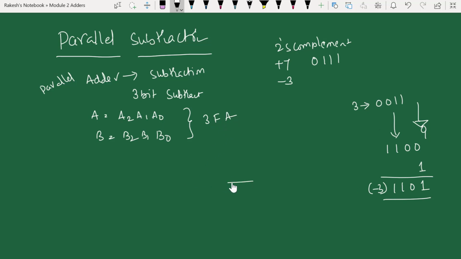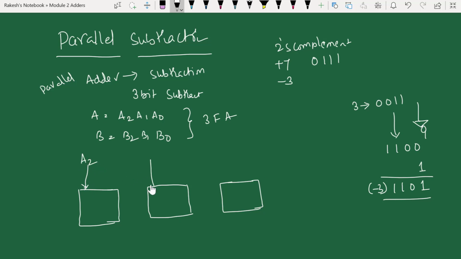I'm keeping one full adder here, one more here, and one more here. A I can give directly because I don't have to do any manipulation. So I'm going to give my A2 here, A1 here and A0 here, taking this carry out to this one and this carry also to this one. So my C0 is given here, C1 is given here, and C2 is coming here.